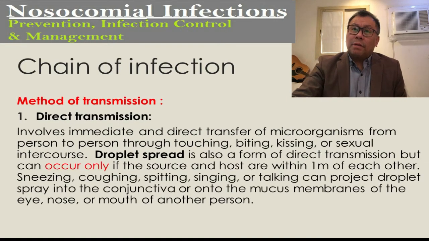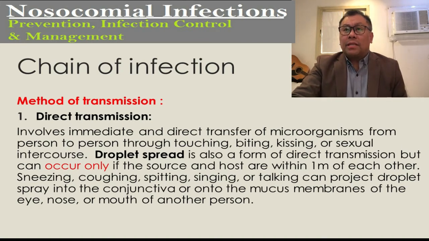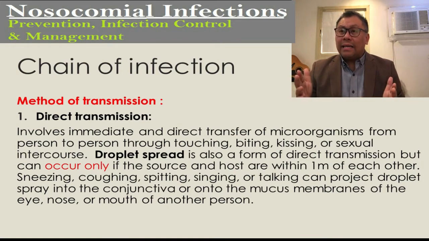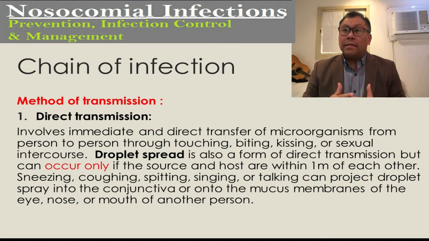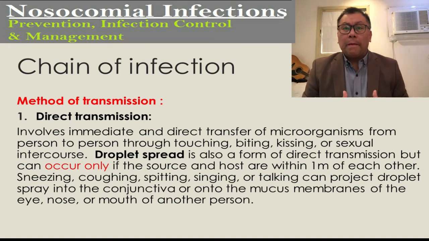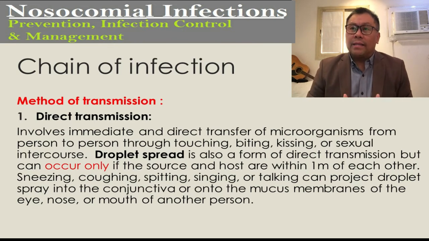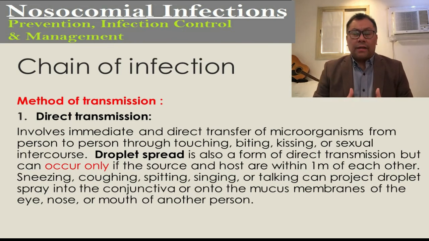When you say direct transmission, it involves immediate and direct transfer of microorganisms from person to person through touching, biting, kissing, or sexual intercourse. Droplet spread is also a form of direct transmission, but can occur only if the source and host are within 1 meter of each other.